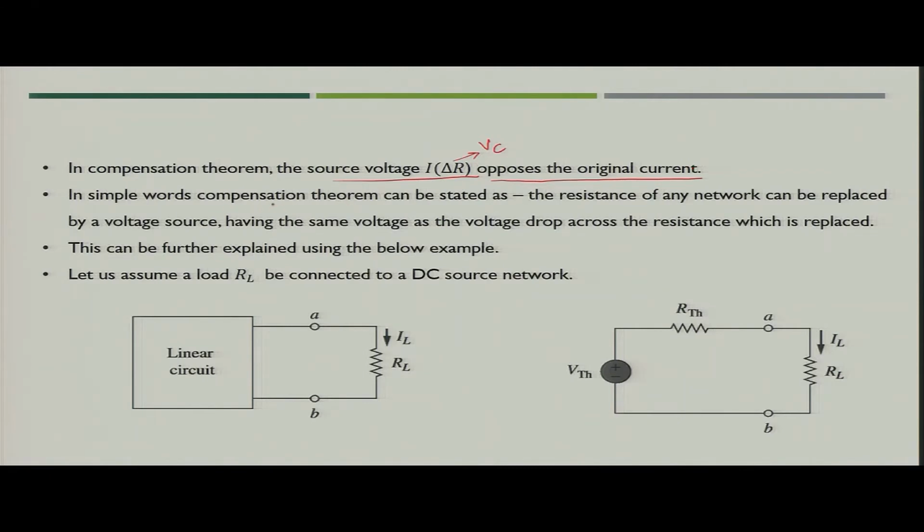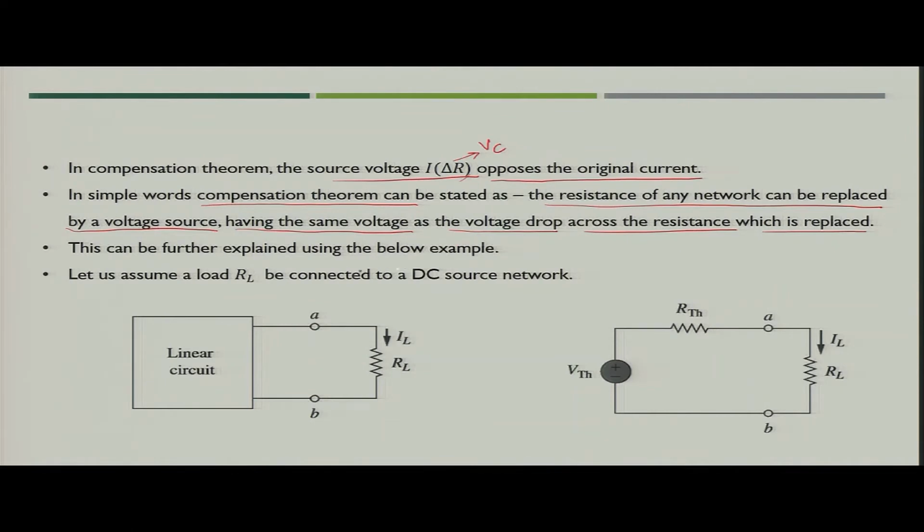So, alternatively we can also say that the resistance of any network can be replaced by a voltage source having the same voltage as the voltage drop across the resistance which is replaced. If you see, the change in resistance is delta R, and the voltage drop across delta R is nothing but I into delta R. That is why it is replaced with the equivalent voltage source Vc.